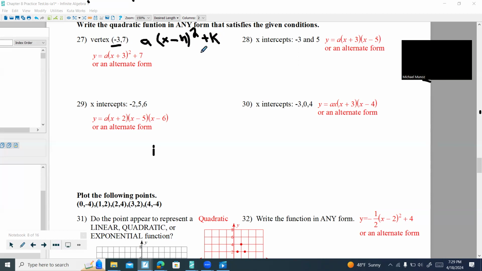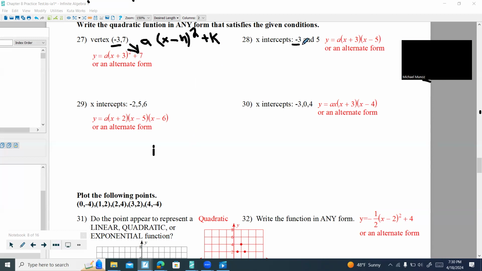So my x is a negative 3, but if I plug in a negative 3 here, it's going to switch signs because a negative makes a positive. That's why it says x plus 3 here for the answer. And then the k is how much it goes up or down, and that's just 7. So they plugged the 7 in here, and that's how they got that answer.